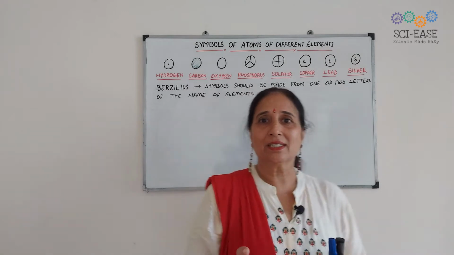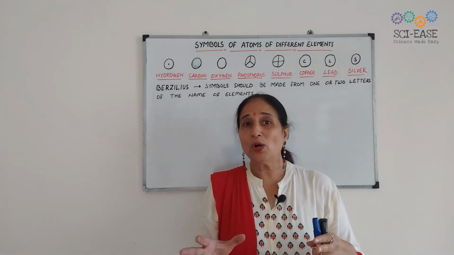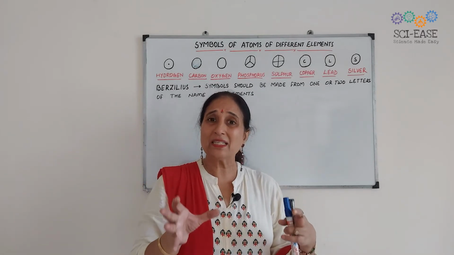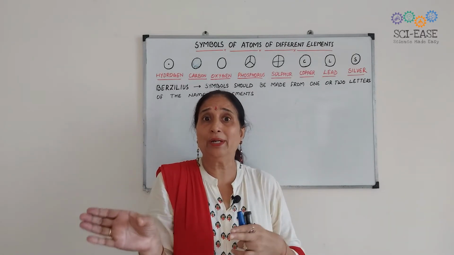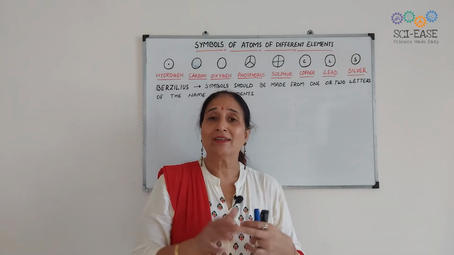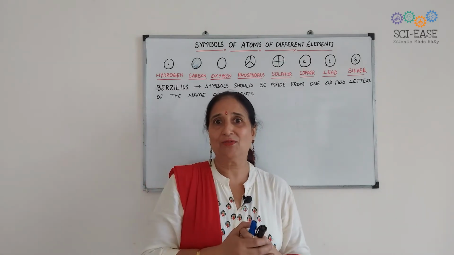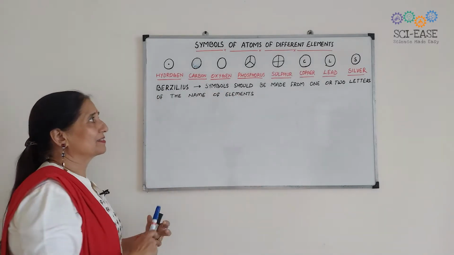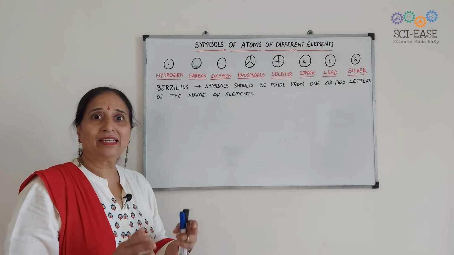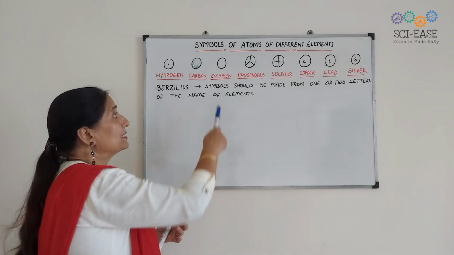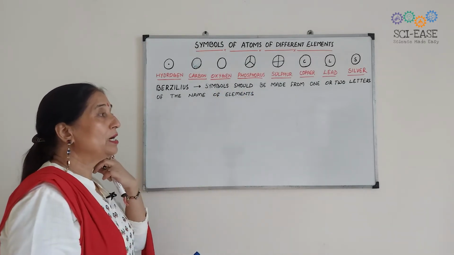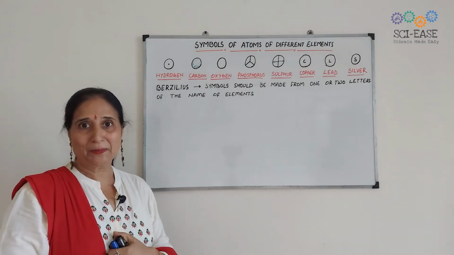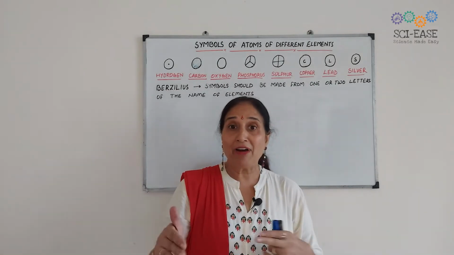But these symbols are not appropriate. Scientists thought that there should be some other shorthand notation for the names of the elements. So Berzelius gave his idea that symbols should be made from one or two letters of the name of the elements. Why one or two?